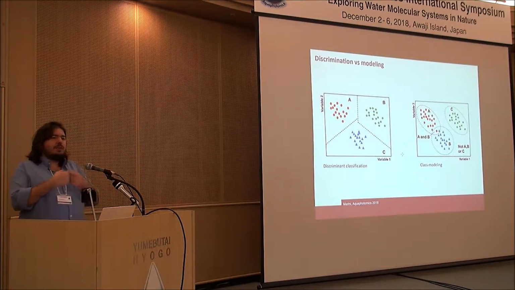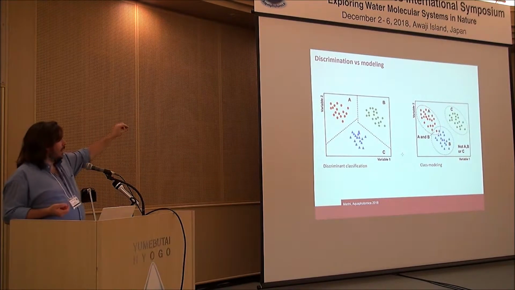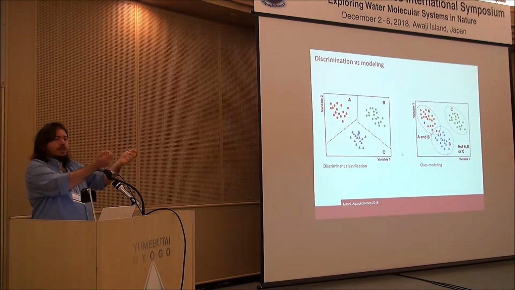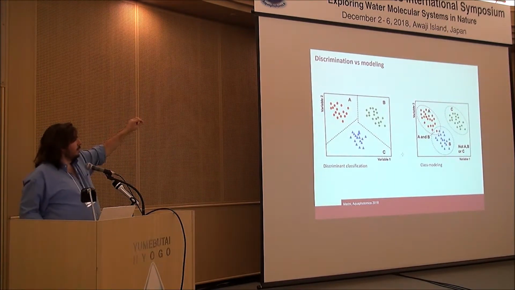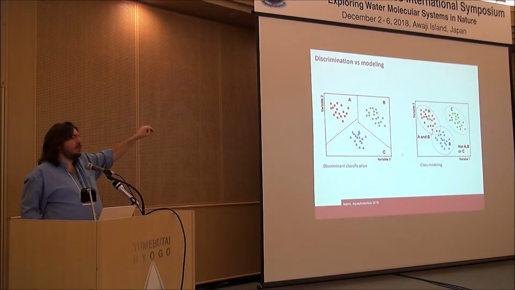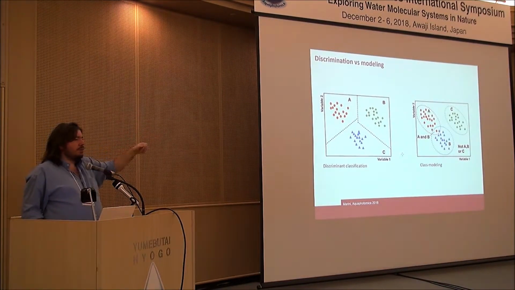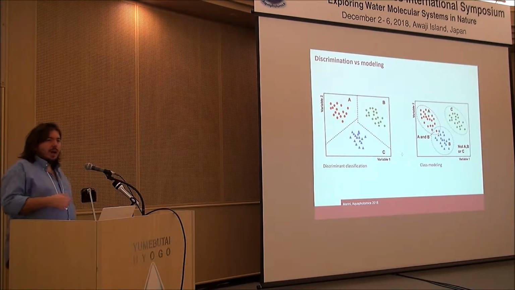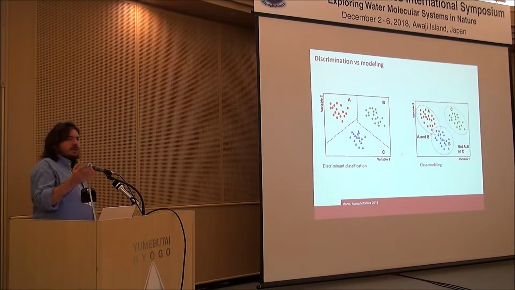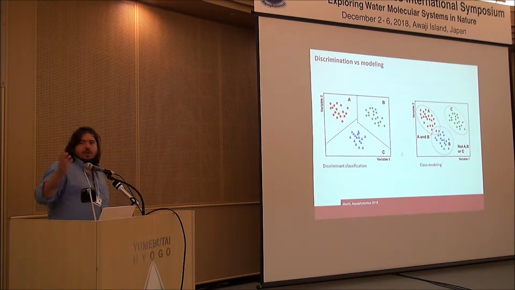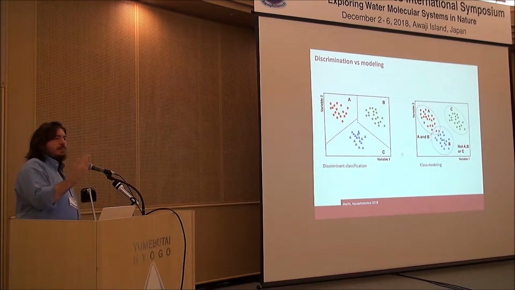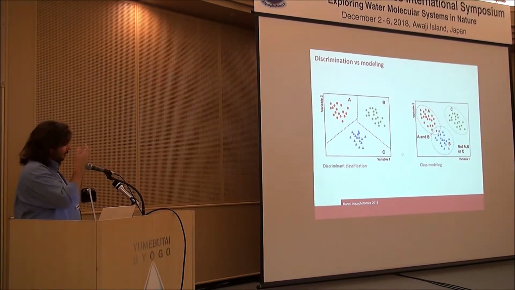So when I have a new sample, I will measure, in this case, a spectrum, and I will place it in one particular region of space, and then it will be predicted as being only A, B, or C. So I will just have an exhaustive winner-takes-all classification. So I have 3 classes in my training set. Each prediction that I make would be either A, B, or C.